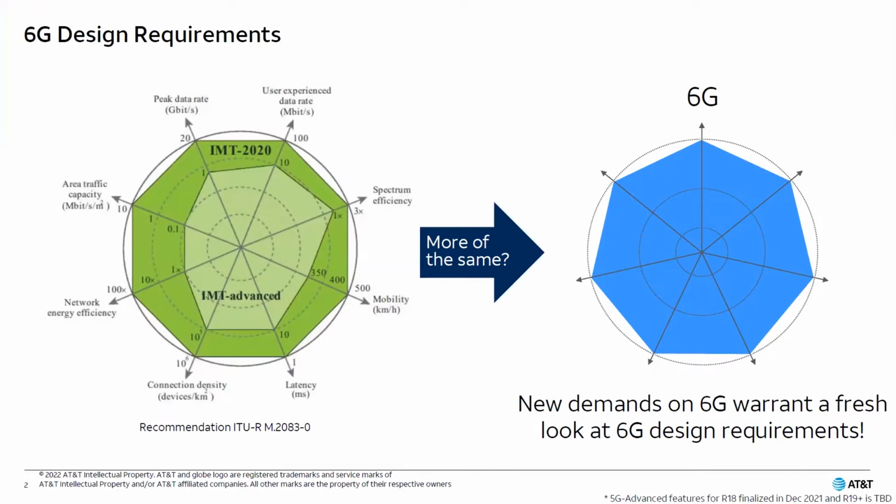This question has been asked multiple times with every generation. We went through this exact discussion across various SDOs in terms of what exactly should be there from 3G to 4G and 4G to 5G. From 4G to 5G, there were quite a few revolutionary ideas that got in.